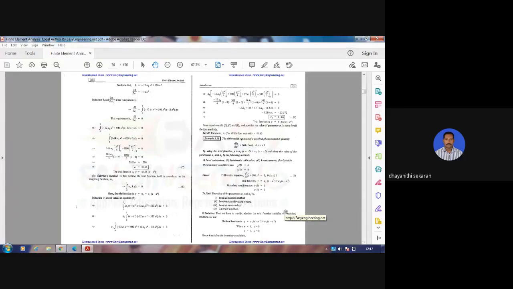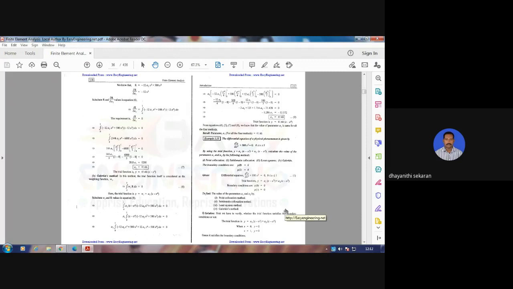The integral of (minus 12 a1 x squared plus 500 x squared) into (minus 12 x squared) from 0 to 1 equals 0, which gives 144 a1 x power 4 minus 6000 x power 4 dx equal to 0. Integrating gives 144 a1 x power 5 by 5 minus 6000 x power 5 by 5 from 0 to 1 equal to 0, so 144 a1 by 5 equals 6000 by 5, and we get a1 equal to 41.66.